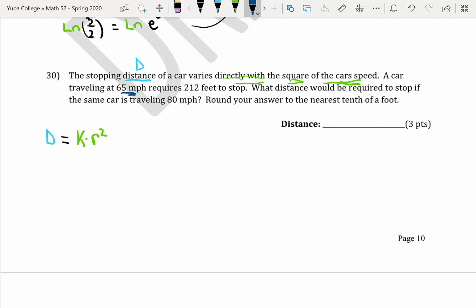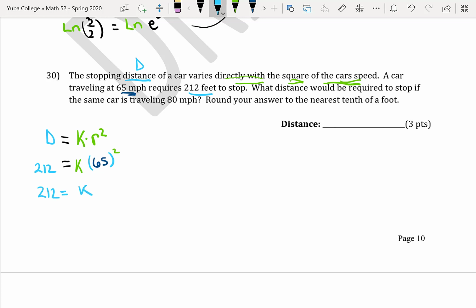So we have 212 is equal to K times 65 squared. That gives us 4,225. So K is 212 divided by 4,225.